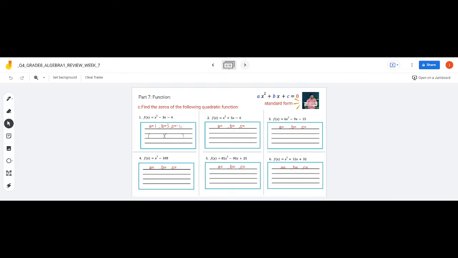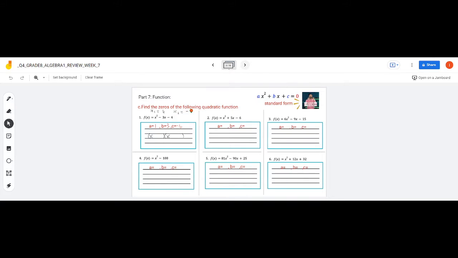Seeing that we're working with x, so we're going to have x in the bracket, and now if I put in 1 for my a, -3 for my b, and -4 for my c, my first x value is 4, and my second x value is -1.